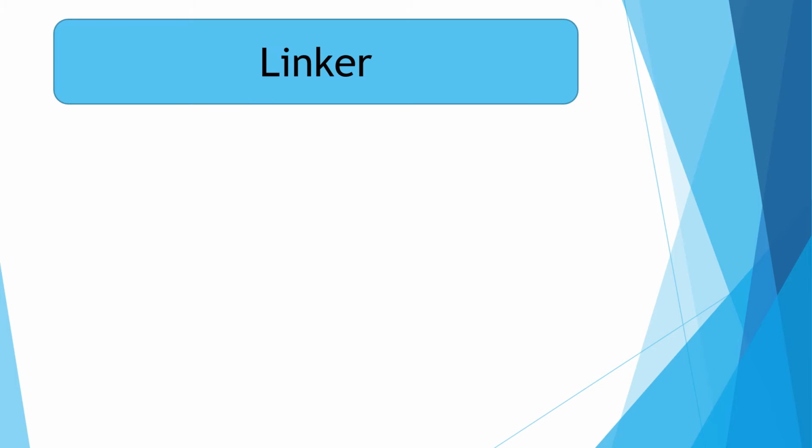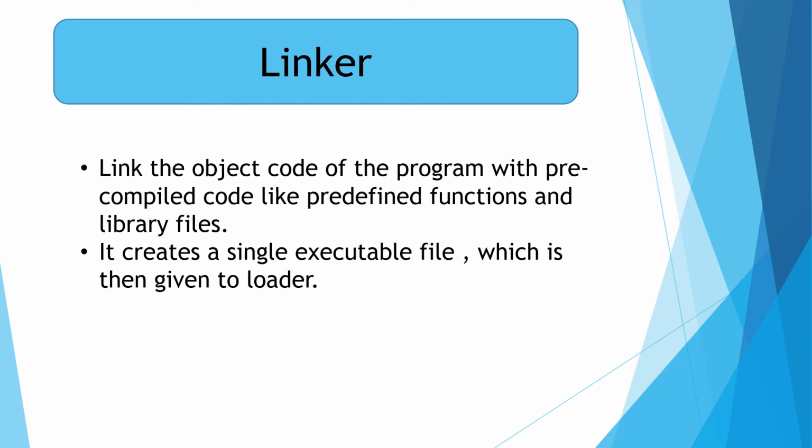There are two more important software which play an important role in program execution, that is the linker and the loader. First we see the linker. The role of the linker is to link the object code of the program with pre-compiled code, such as predefined functions and library files.